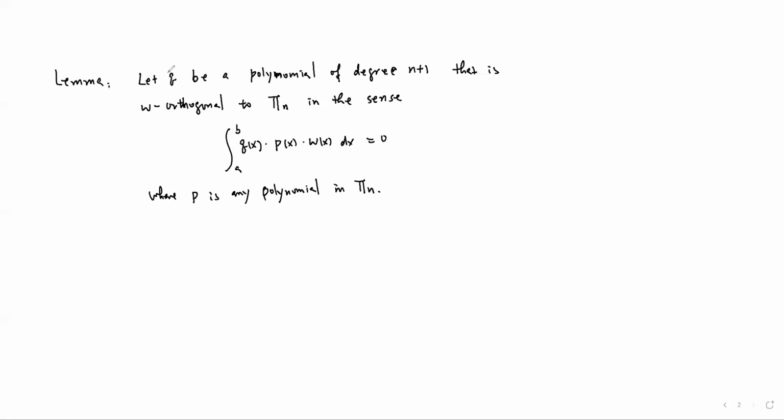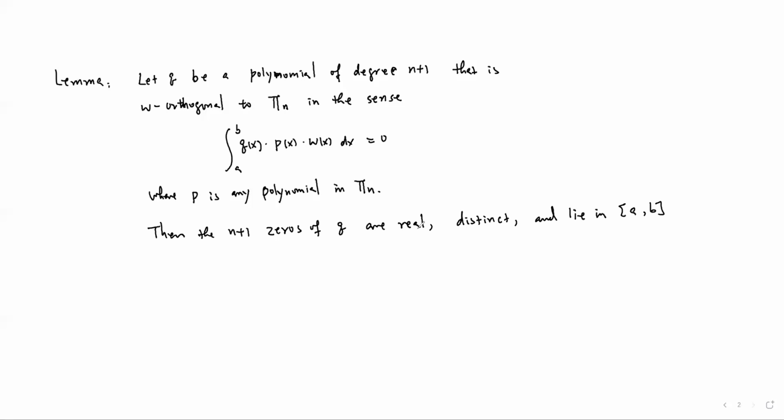There are some nice properties about this orthogonal polynomial Q. It turns out that the n plus 1 zeros of Q are all real numbers and also distinct and also lie in this interval.